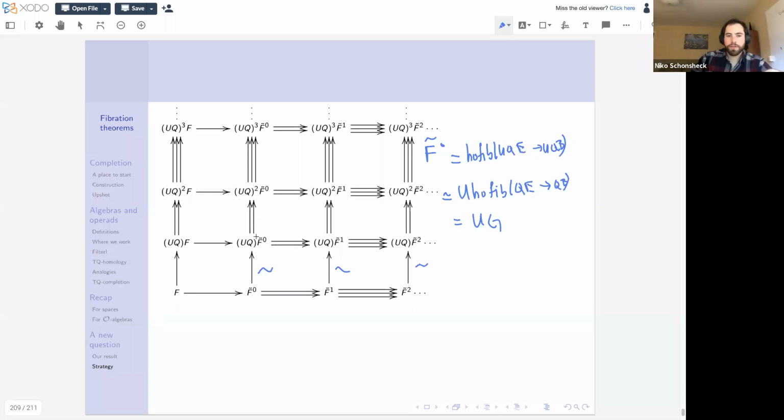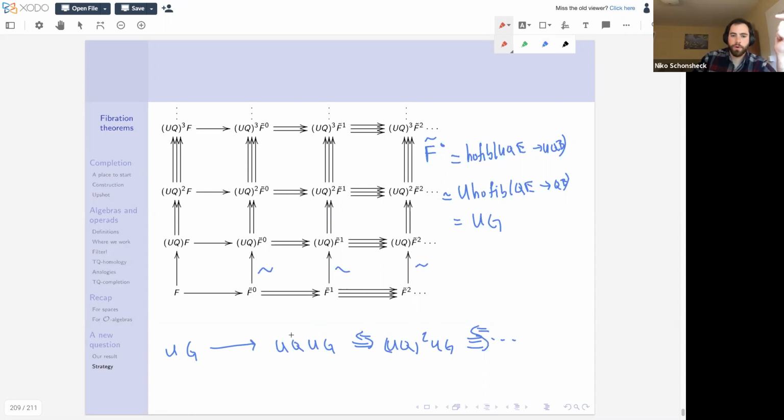So when you look at this resolution here, there's going to be an extra codegeneracy, which is to say that what I'm looking at is UQ UG, always 2 up, 1 down. UQ squared UG, 3 up, 2 down. Because of this form, I can apply the counit here. I get an extra map down, an extra map down, extra map down. So that takes care of those.